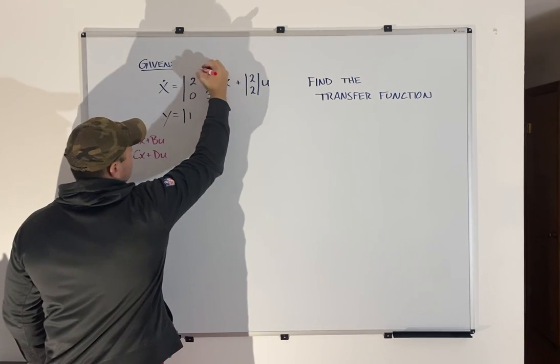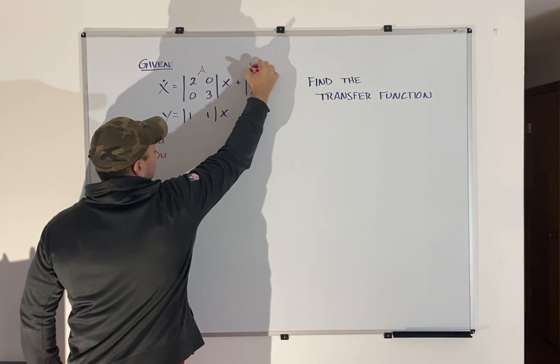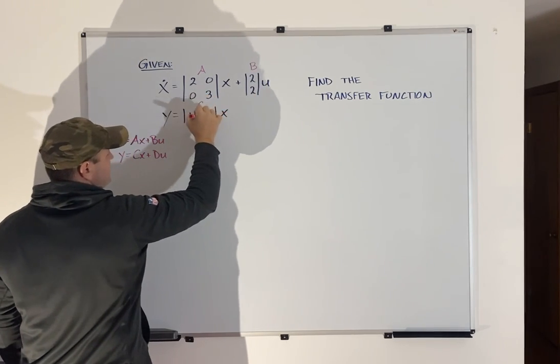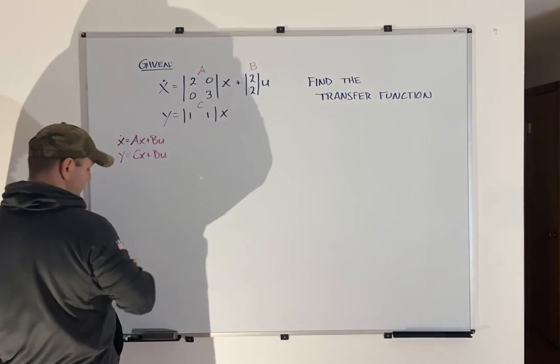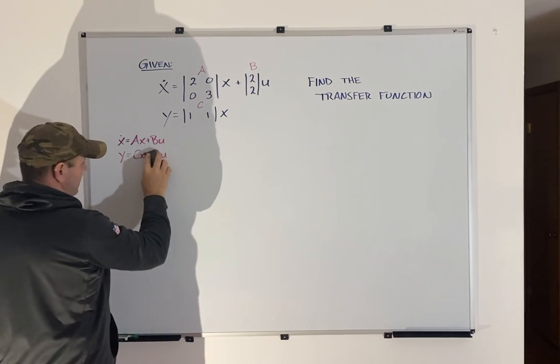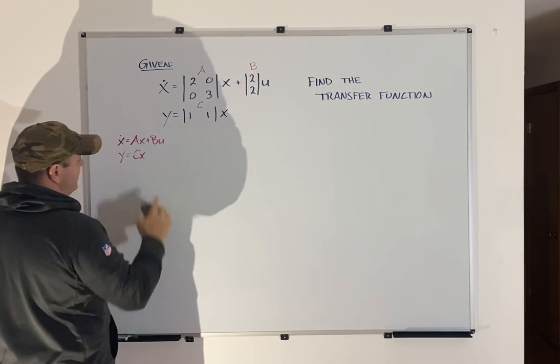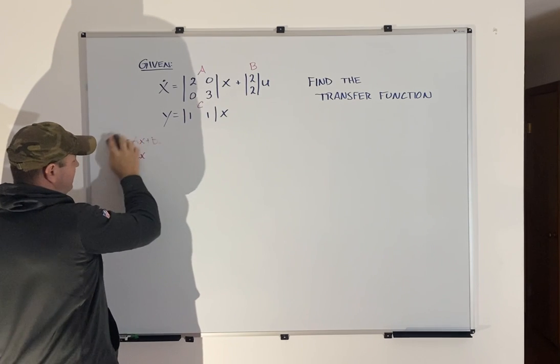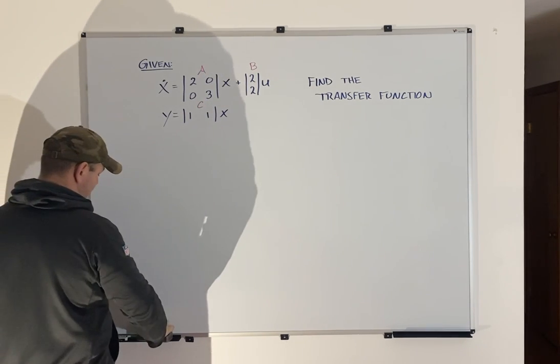A is right there, B is right there, C is right there, and we don't have D. This is the standard form, that's what we've got. We know how to map it, so let's get to work.